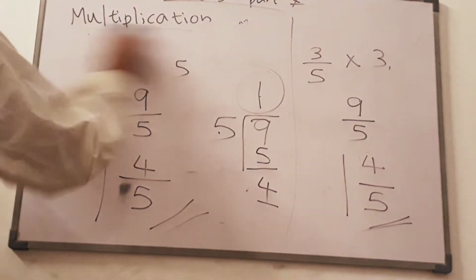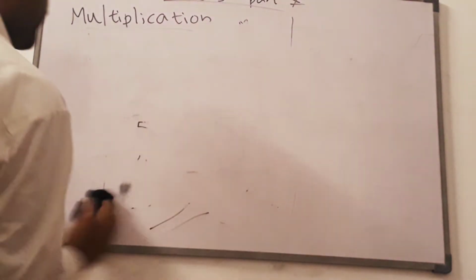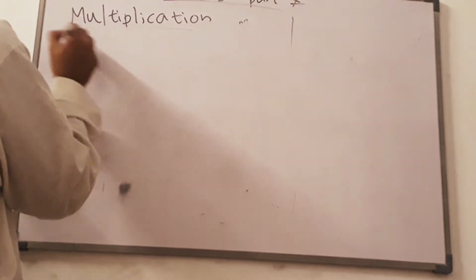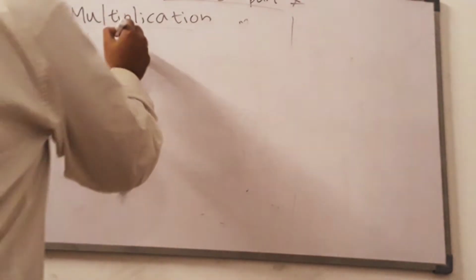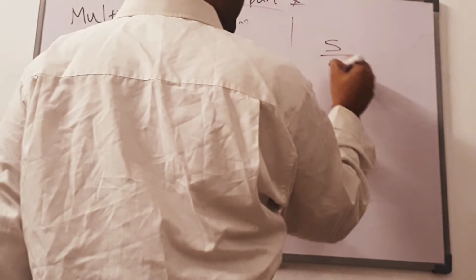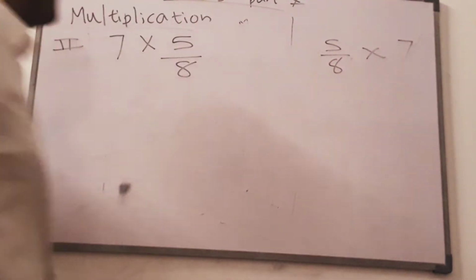Okay, another question. Second question: 7 times 5 over 8, or 5 over 8 times 7.